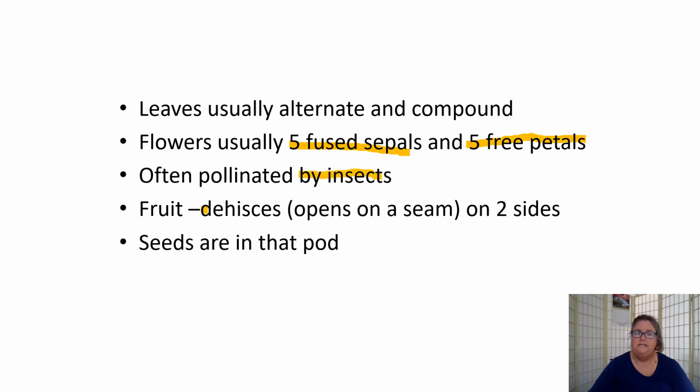The fruit dehisces, which means that it opens on a seam on 2 sides. So think of a pea pod or a bean pod with a seam down each side, and it splits open there. So dehisce means to open on a seam, and the seeds are inside that pod, so the pod is considered to be the fruit.